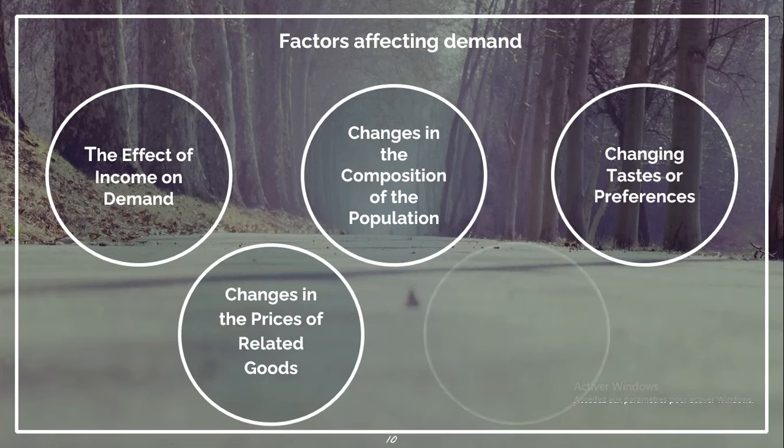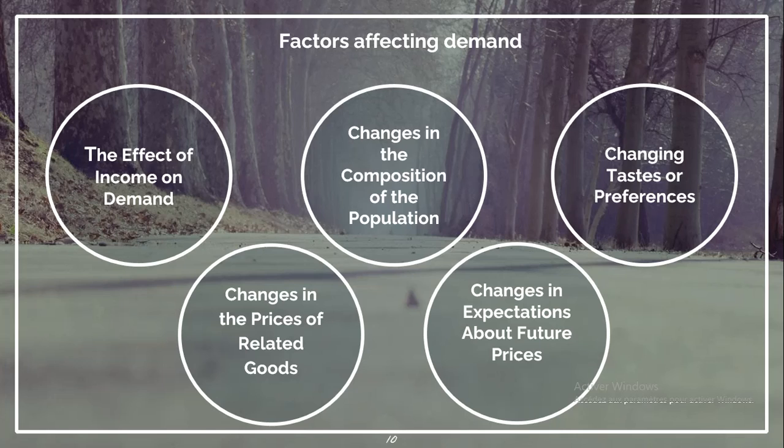Another factor affecting demand is changes in expectations about future prices. While it is clear that the price of a good affects the quantity demanded, it is also true that expectations about the future price, or expectations about tastes and preferences, income, and so on, can affect demand. For example, if people hear that a hurricane is coming, they may rush to the store to buy flashlights, batteries, and bottled water.